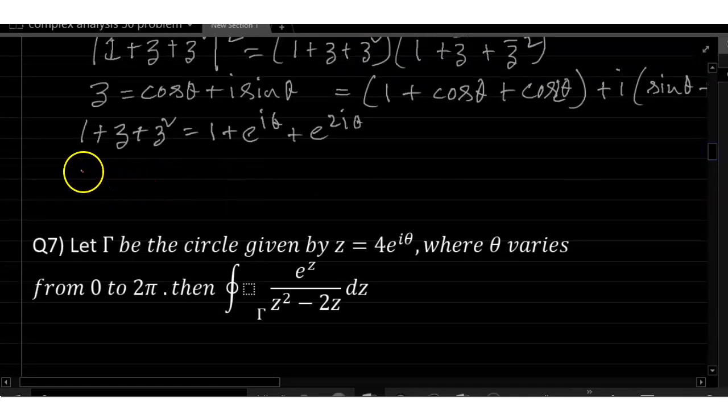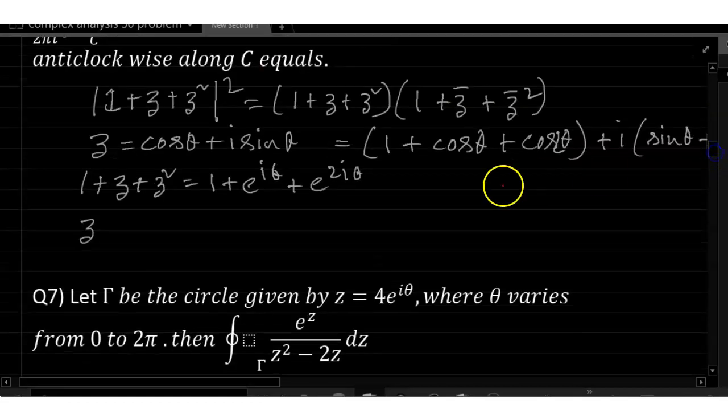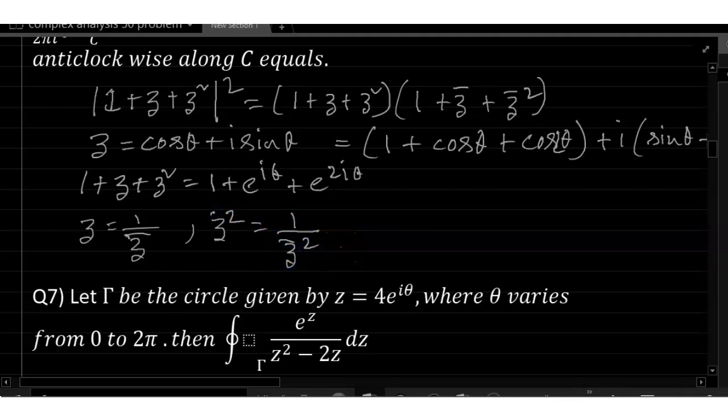Another important piece of information is that it is the unit circle. You see, this is the unit circle, meaning radius r equals 1. So z equals 1 by z bar, z square equals 1 by z bar whole square.